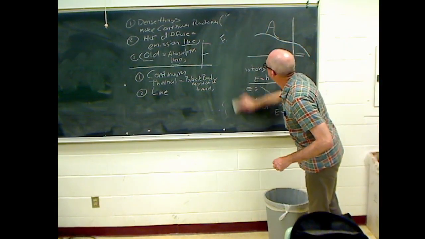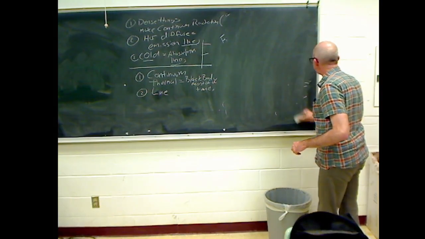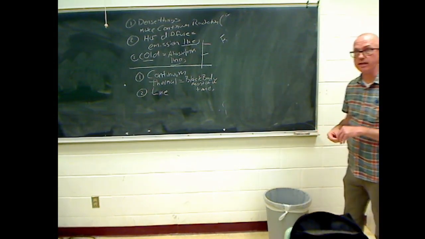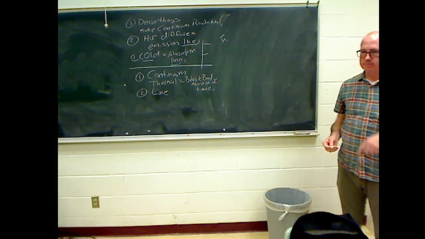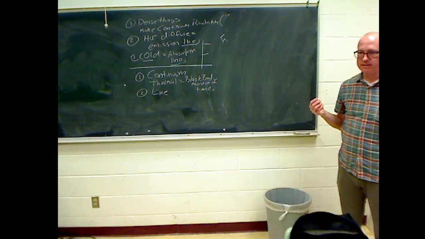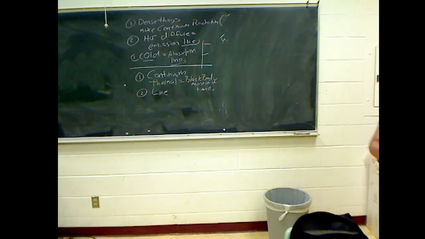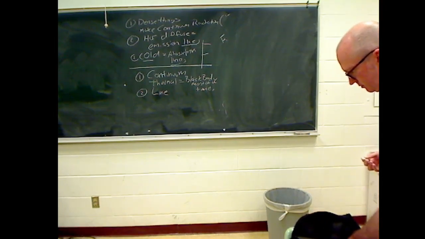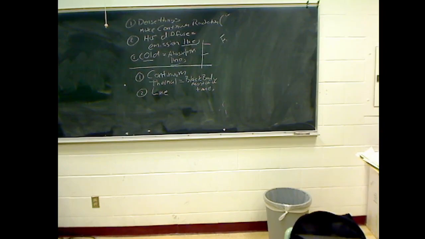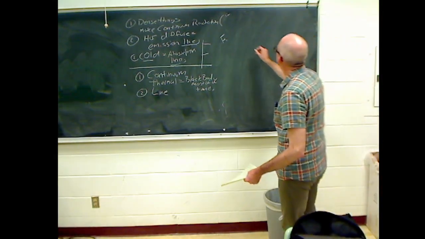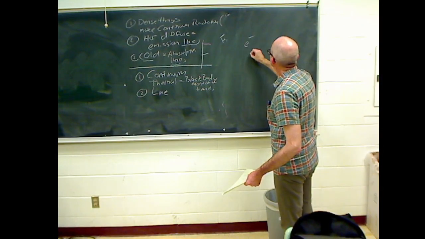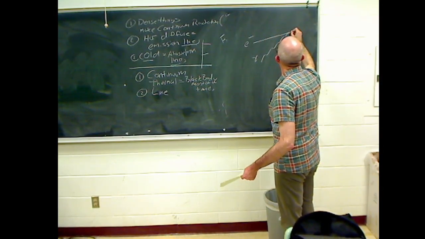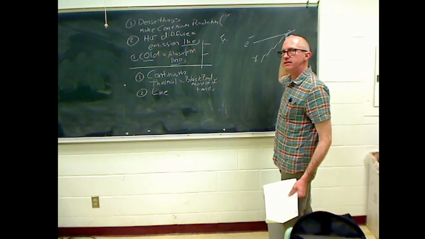Okay, Compton scattering. What Compton scattering shows is that you can change the energy of a photon. If I have an electron and I have a photon, they can collide and change each other's energies.